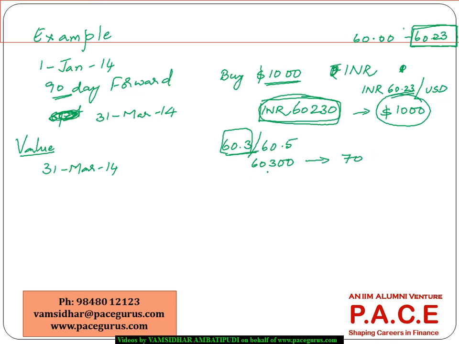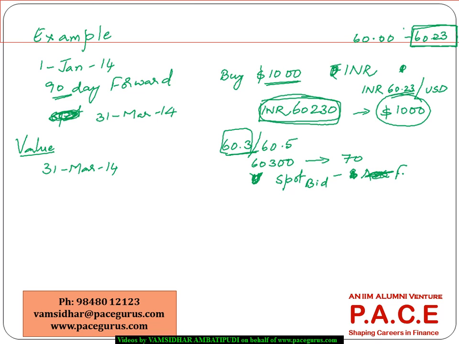So the way I can express it is, on the expiry date, whatever is the spot price, the bid rate of that spot price, minus the ask rate on the day of entry into the forward contract.